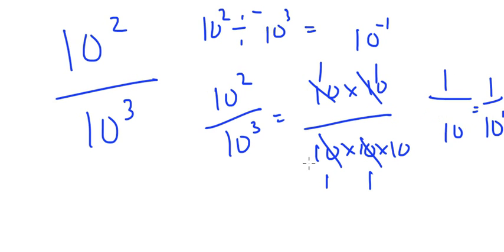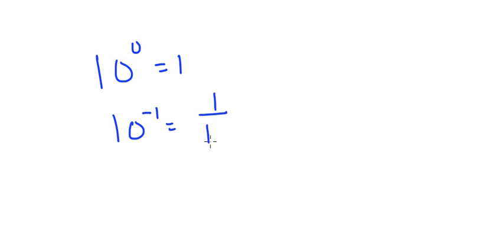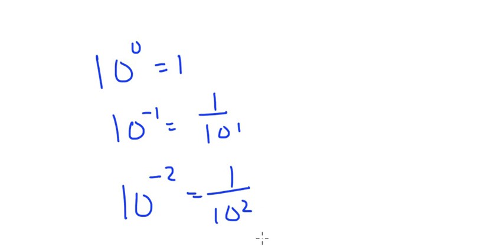Okay, so what we know then, when we bring all this together, is this: 10 to the 0 equals 1, 10 to the negative 1 equals 1 over 10 to the first, and 10 to the negative 2 equals 1 over 10 to the second.